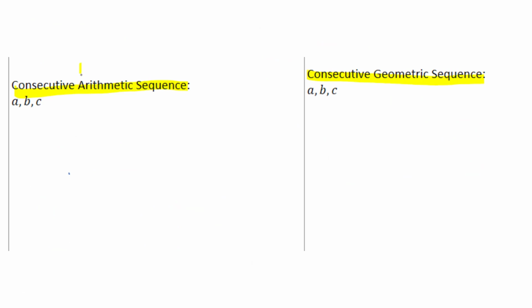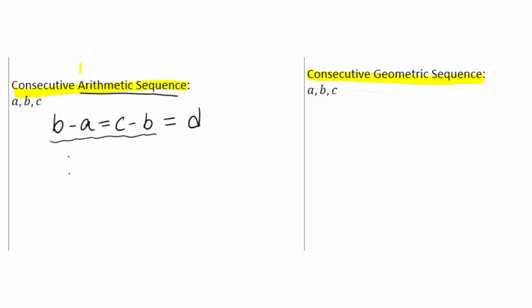Let's talk about consecutive arithmetic sequence and consecutive geometric sequence. For a, b, c, suppose this is a consecutive arithmetic sequence. We do know b minus a equals c minus b. That equals a constant number d. Let's work on b minus a equals c minus b.